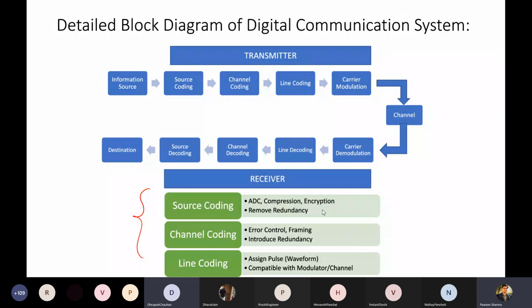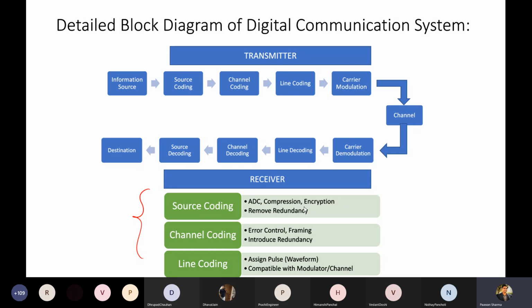So I hope you were able to catch what I said last. In source coding, you are removing redundancy. In channel coding, you are introducing redundancy. First of all, what is redundancy? Can somebody tell? So redundancy is unuseful or extra unnecessary things.